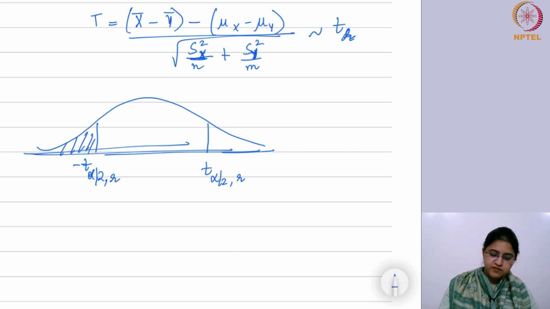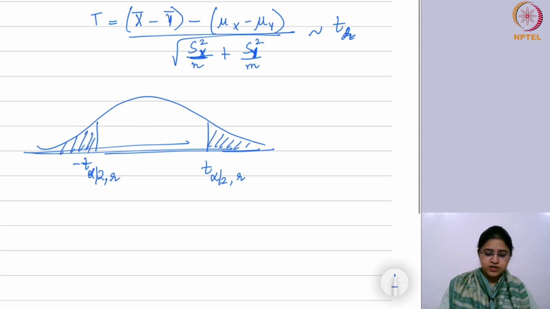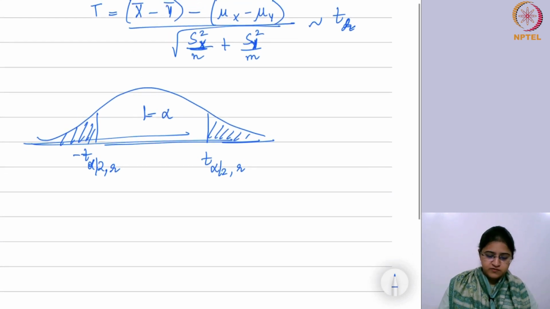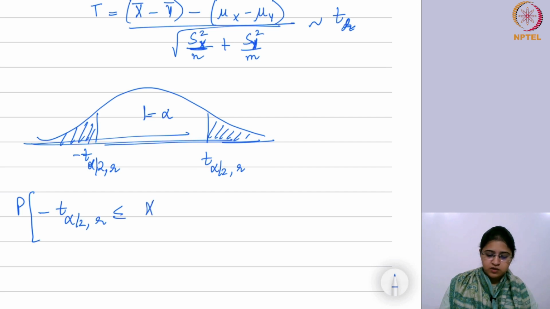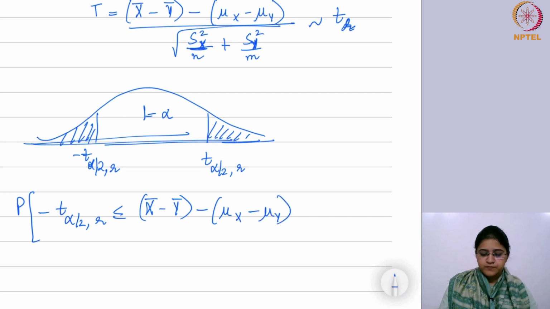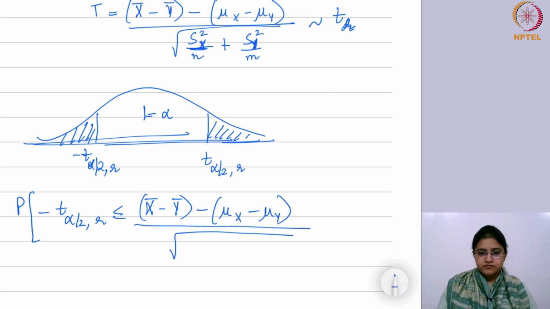There is alpha by 2 on this side and alpha by 2 on this side, and in between you have 1 minus alpha. To solve this, we can simply write minus t alpha by 2 at r degrees of freedom, and then this t would come in between: x bar minus y bar minus mu x minus mu y, whole divided by the square root of sx square over n plus sy square over m.